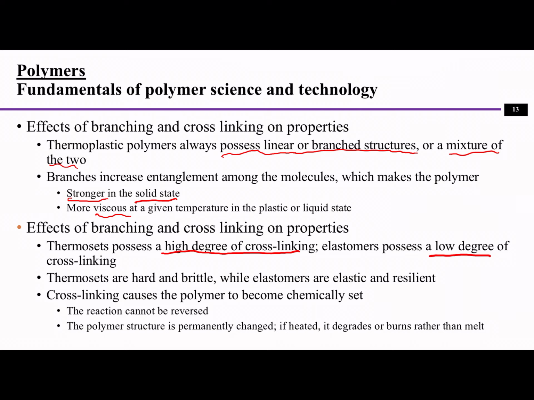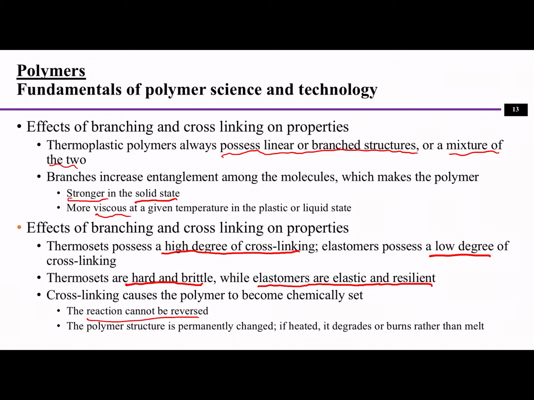So elastomers, for example, rubber, right? Usually thermosets are hard and brittle, and elastomers are elastic and resilient. That's because crosslinks cause the polymer to become chemically set, and it means the reaction cannot be reversed.